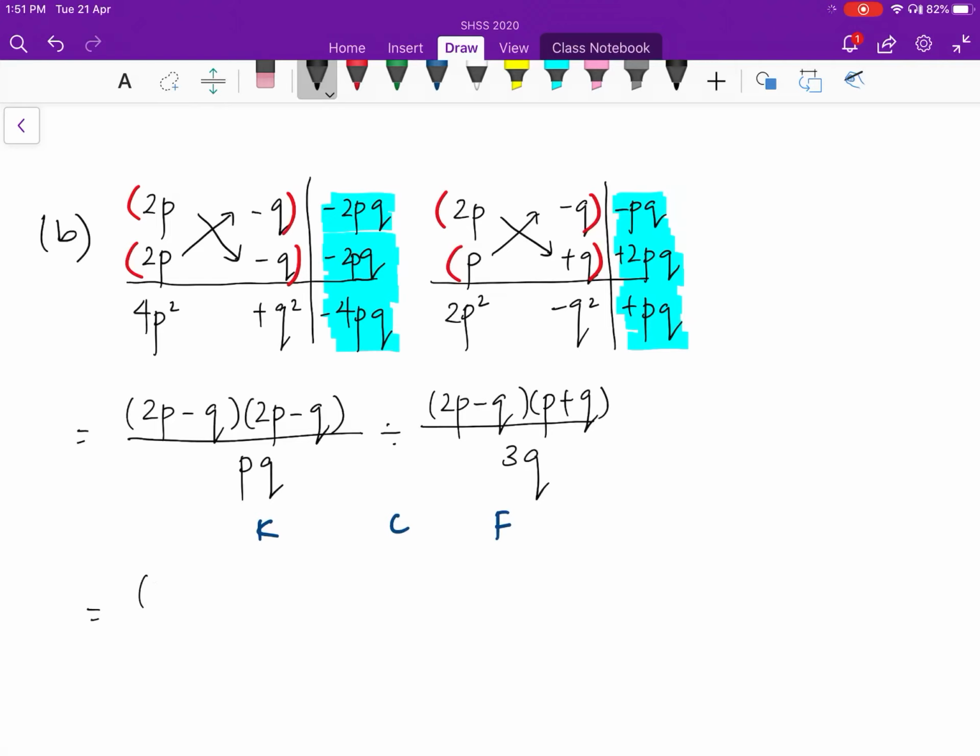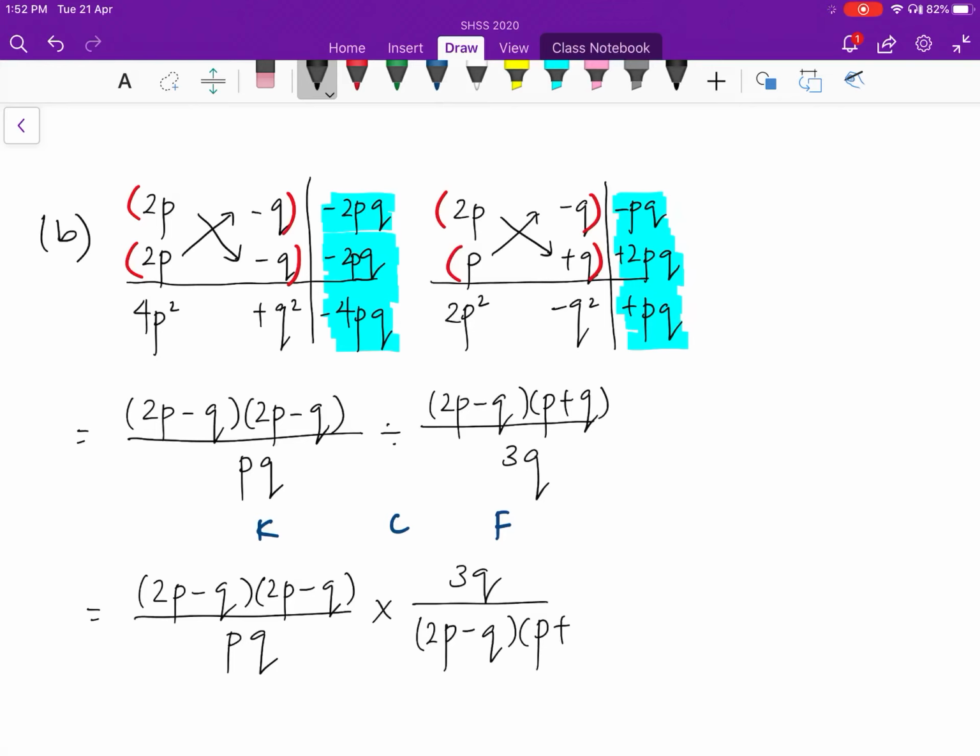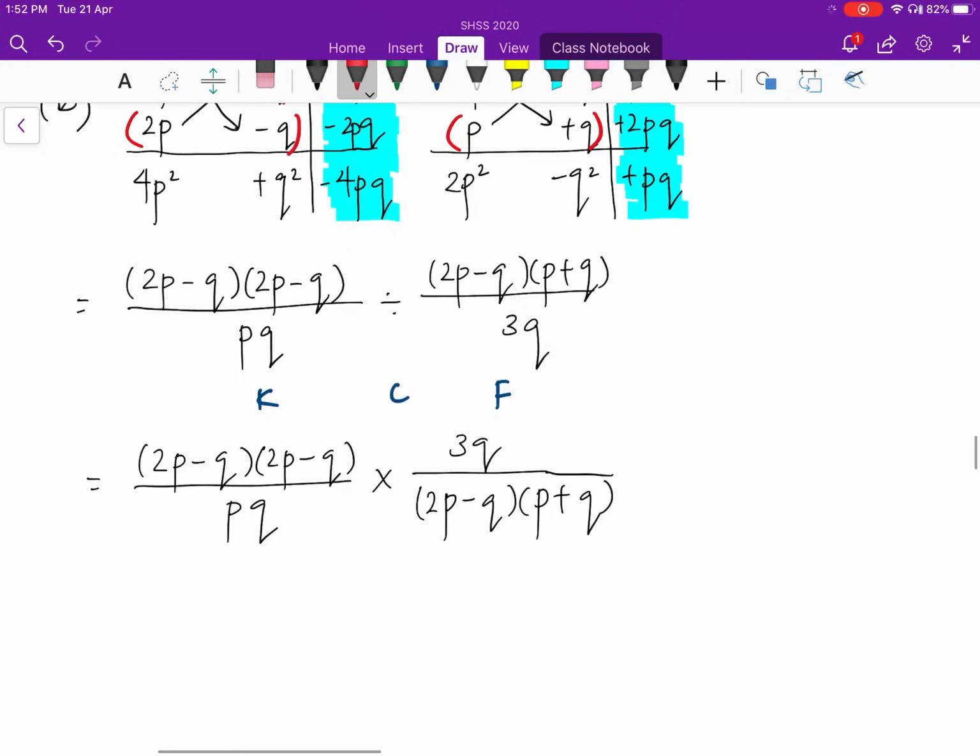So we're going to keep it, (2p minus q)(2p minus q) over pq. I'm going to change the divide to times, and I'm going to flip it, which is 3q over (2p minus q)(p plus q). Now fraction times fraction is the top times the top, bottom times the bottom.